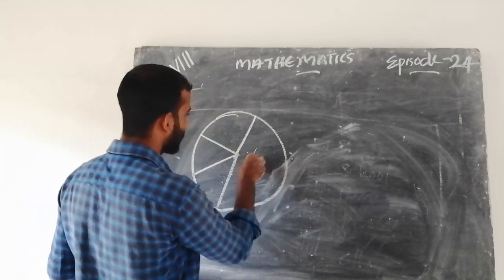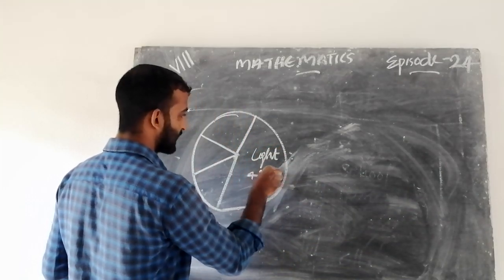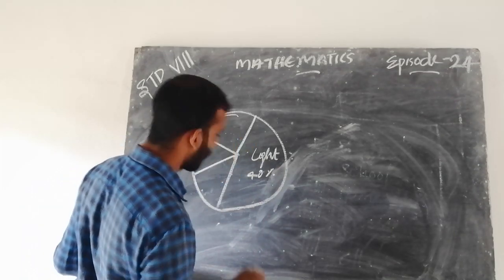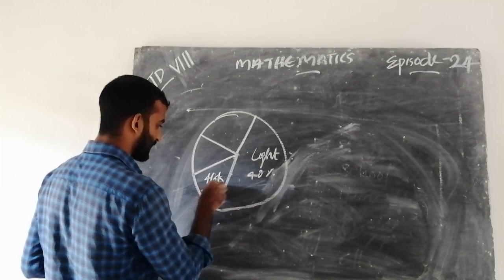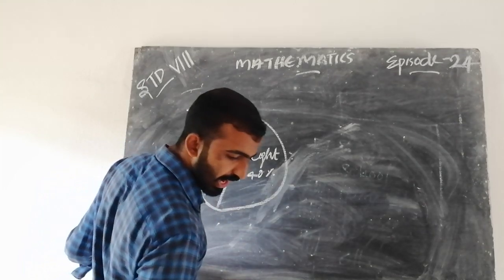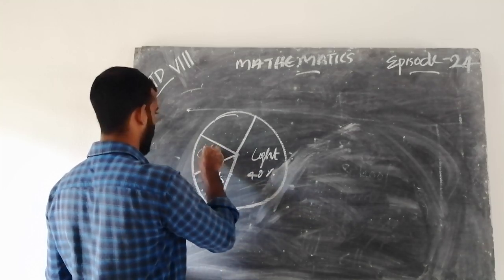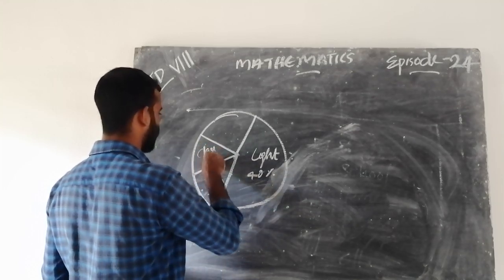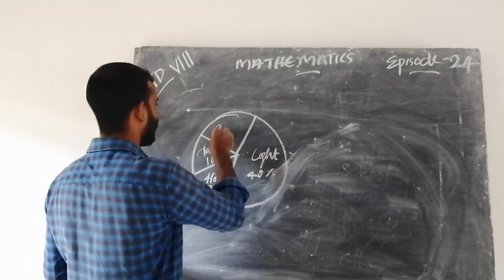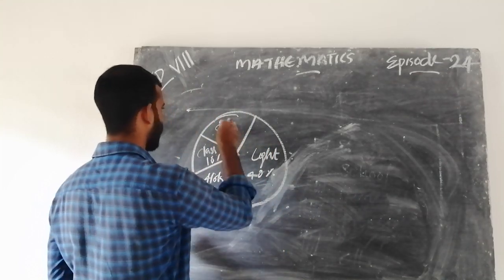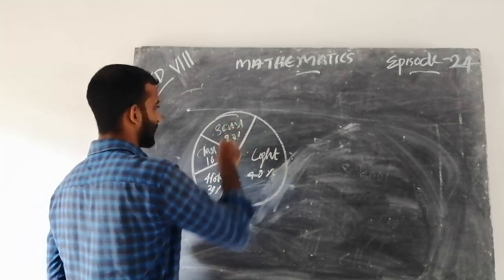That is, light music 40%, folk 30%, classical 10%, and semi-classical 20%.